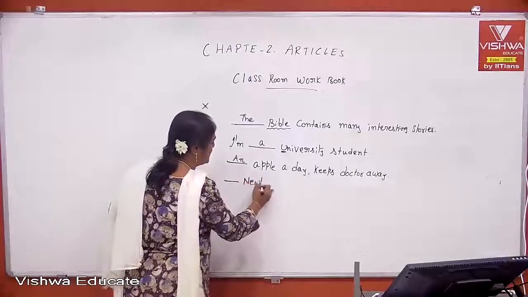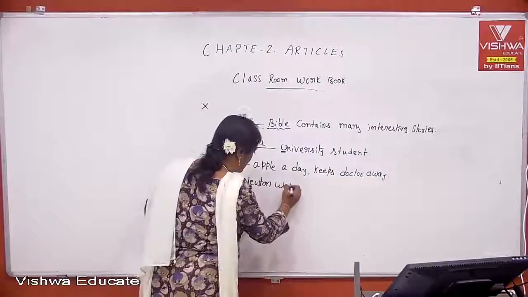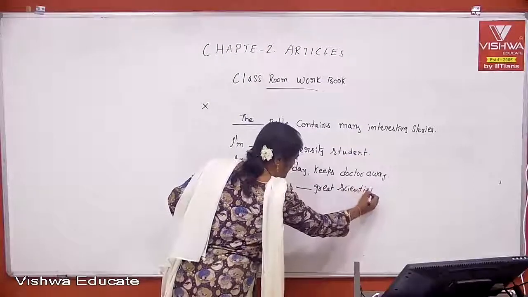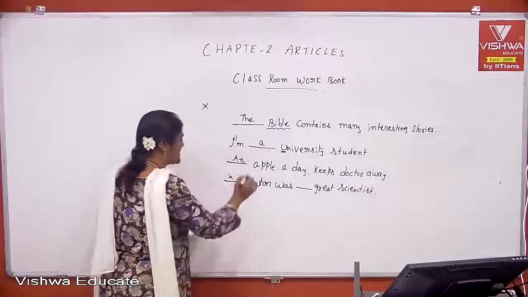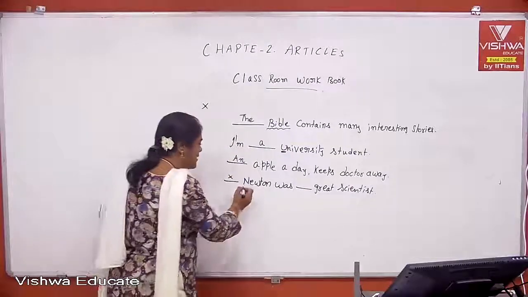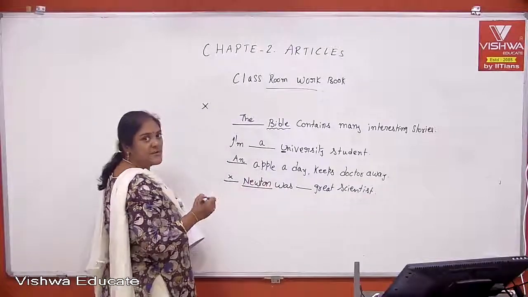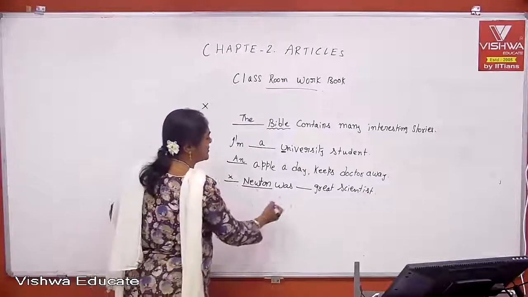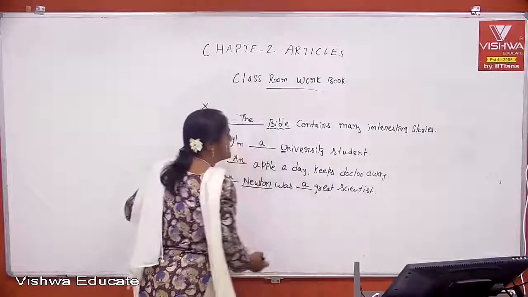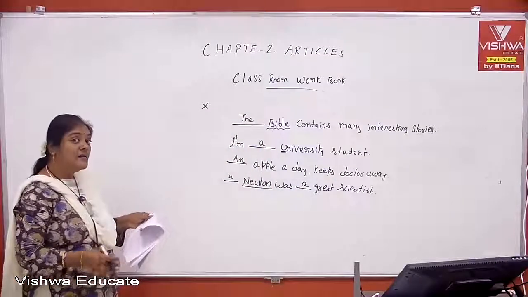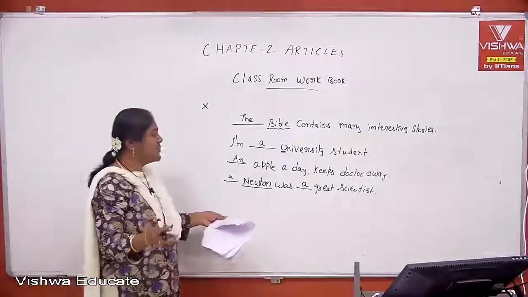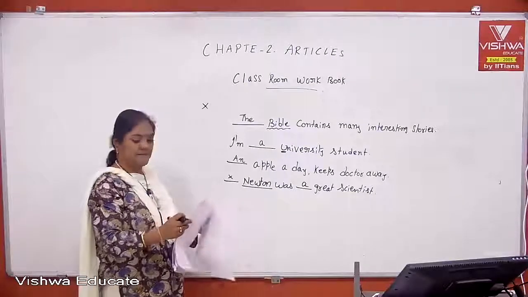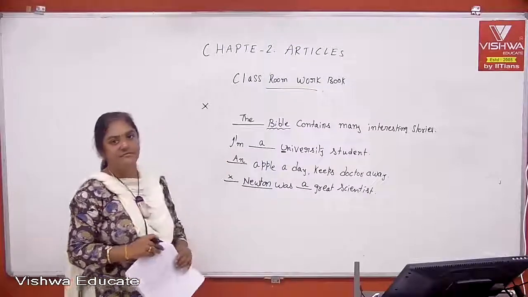Dash Newton was dash great scientist. Here, no article in the first blank because Newton is the name of a person, meaning a proper noun. No article before a proper noun. So, Newton. Here you take indefinite article a. A great scientist. Newton was a great scientist. Fine. Making note of all this, please.